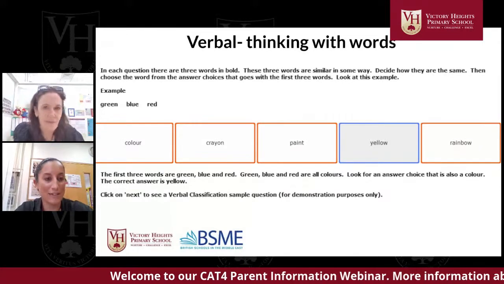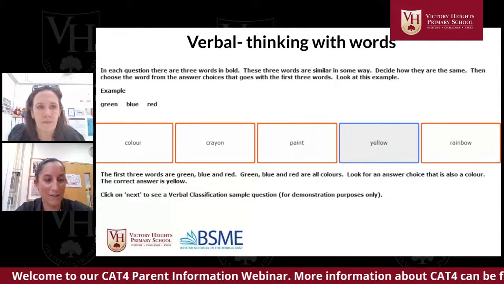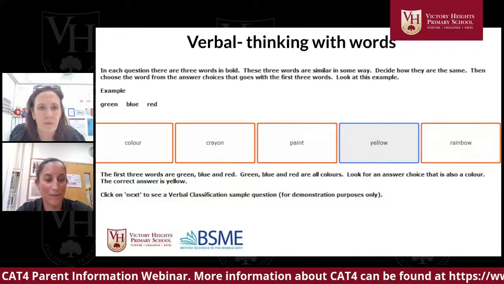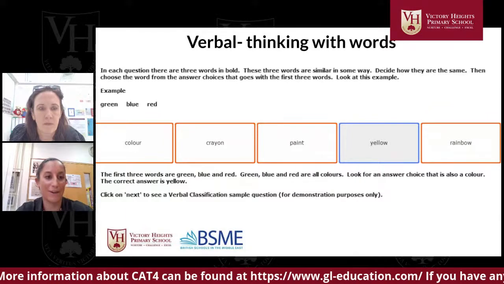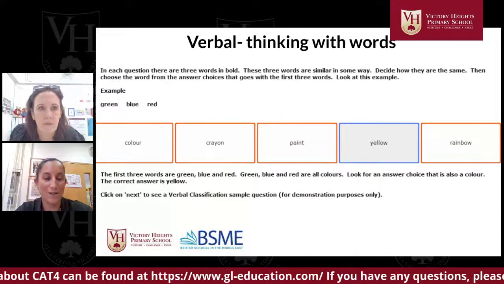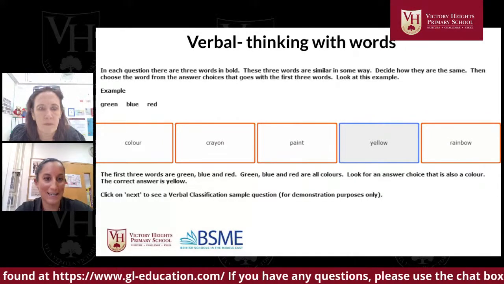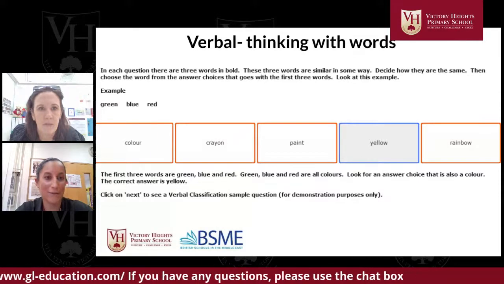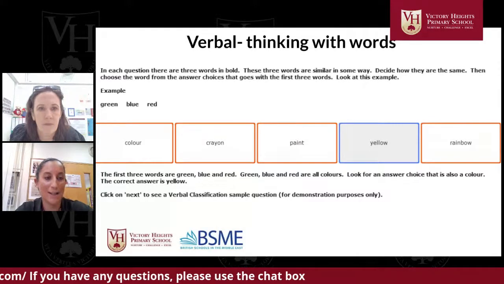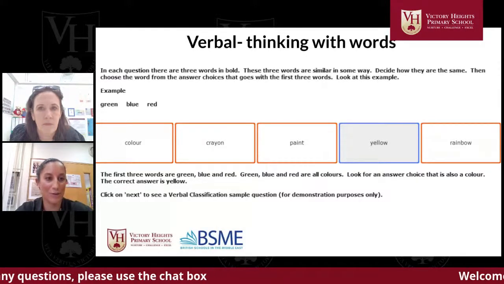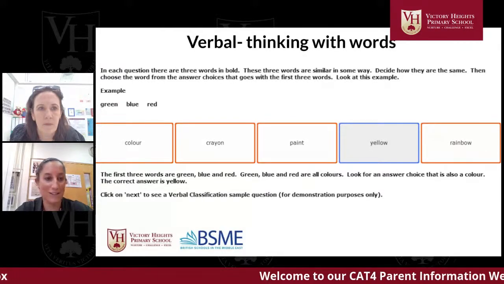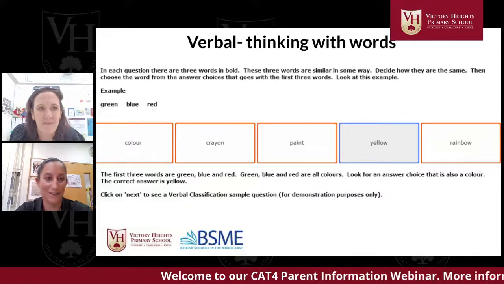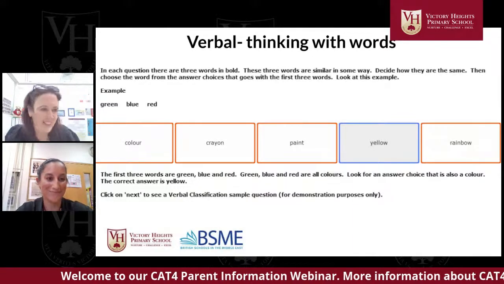That would give us a better indication of how they may do with their English and their literacy skills if their vocabulary continues to develop. So again, if your child is learning English and that verbal score is a little bit lower, it's nothing too much to worry about at this point in time. But if there are concerns, you can always get in touch with myself or your class teacher.